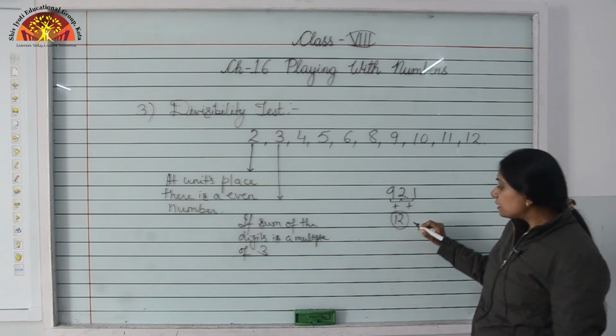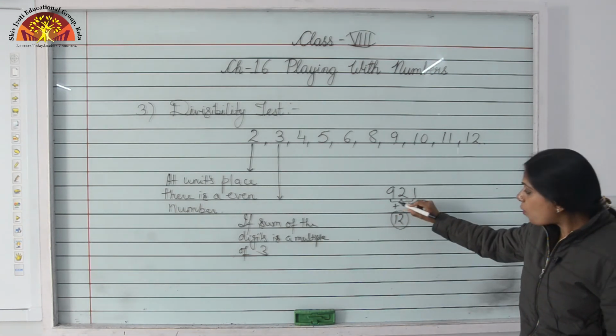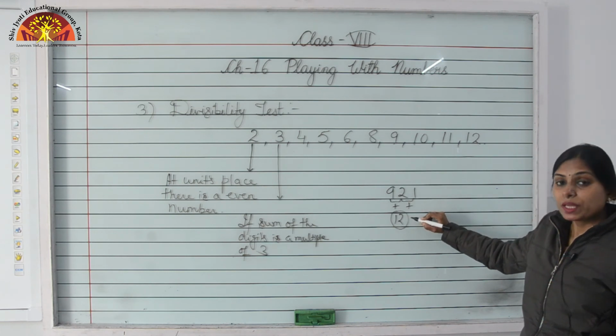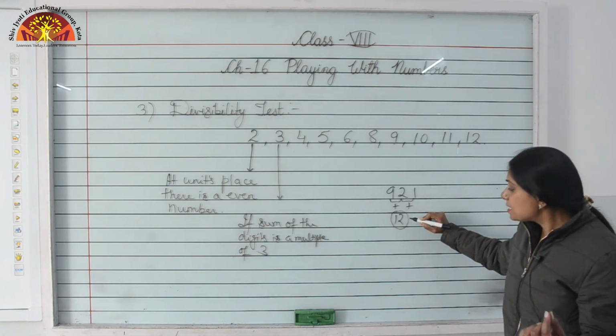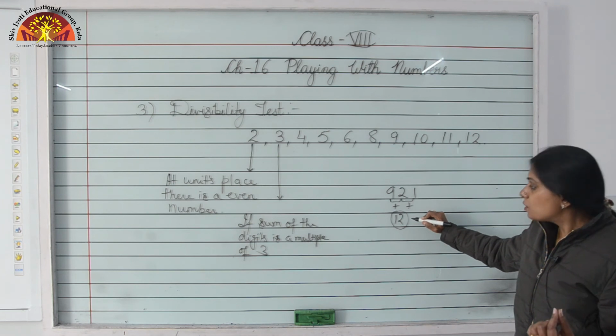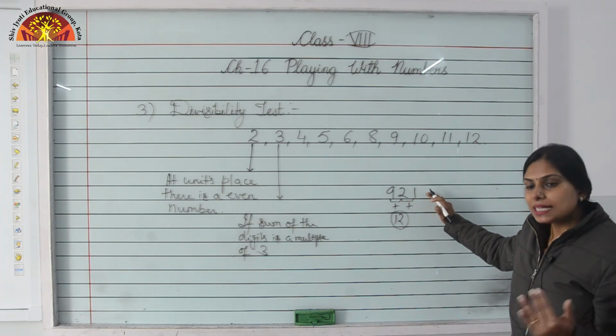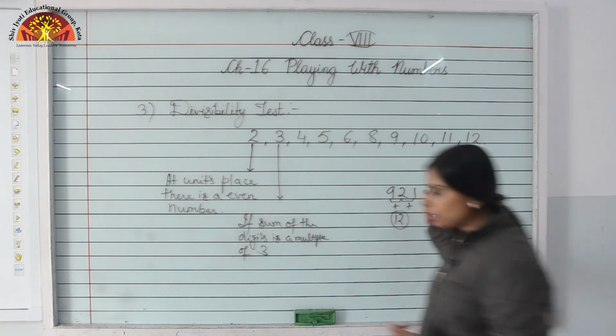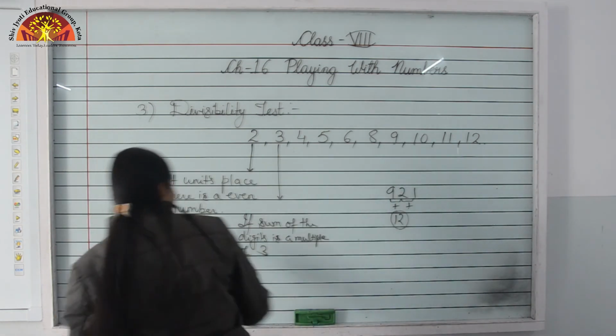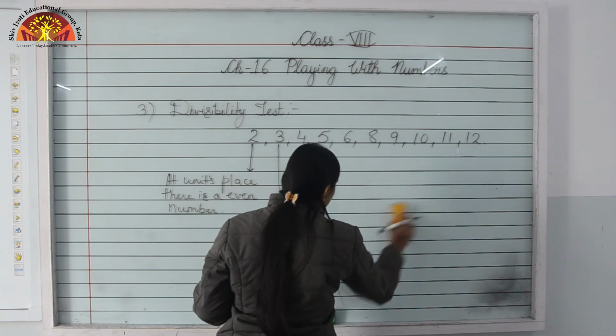You can see, children, that after adding all the 3 digits, the number is 12, and 12 is a multiple of 3. So we can say that number 921 is divisible by 3. Is it clear?